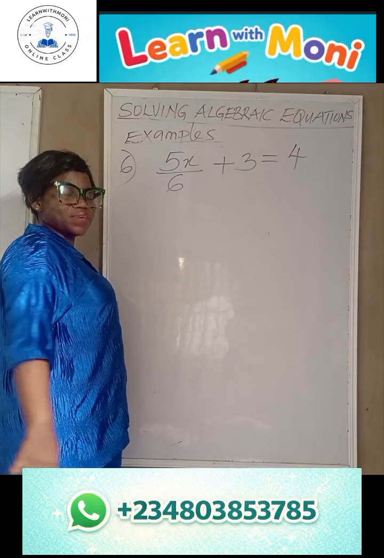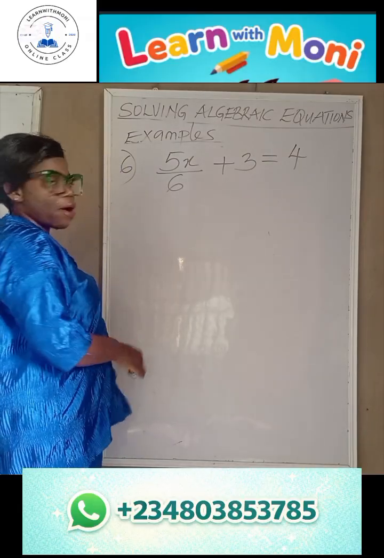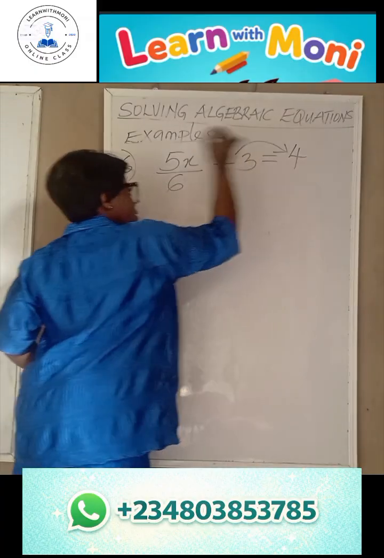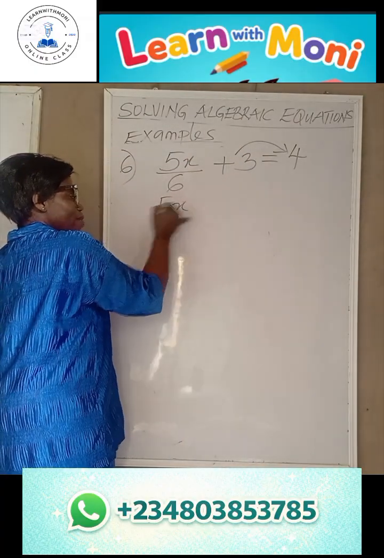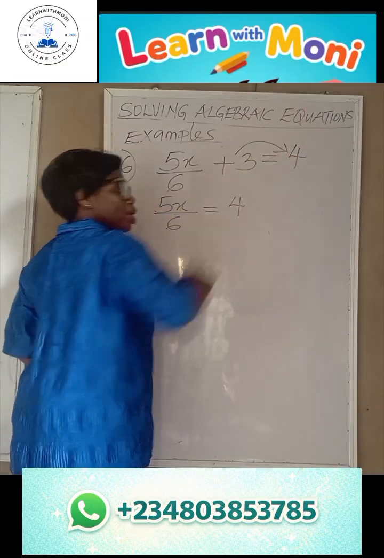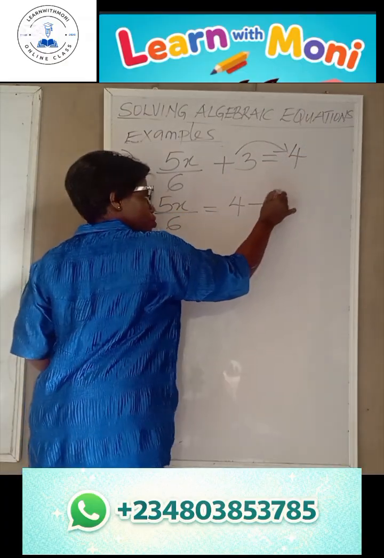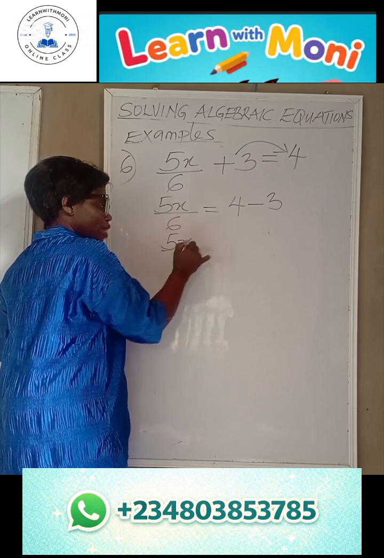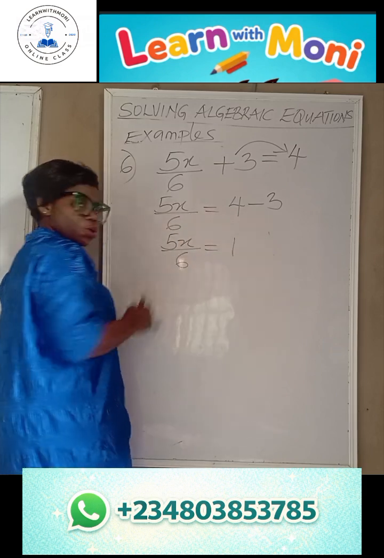Plus 3 is the farthest away from our x. So we move plus 3 first to the other side, so that I have 5x over 6 equals 4. The plus 3 moving over changes to minus 3, so that I have 5x divided by 6 equals 1.